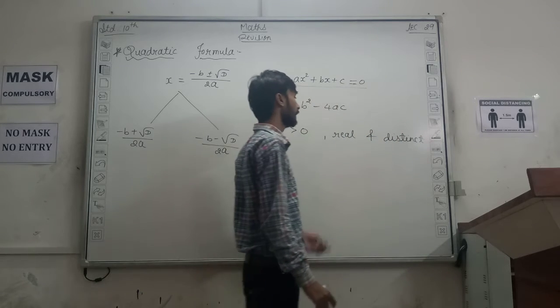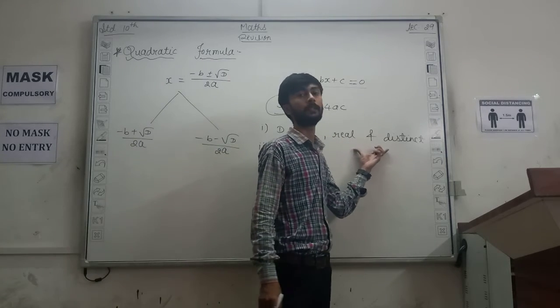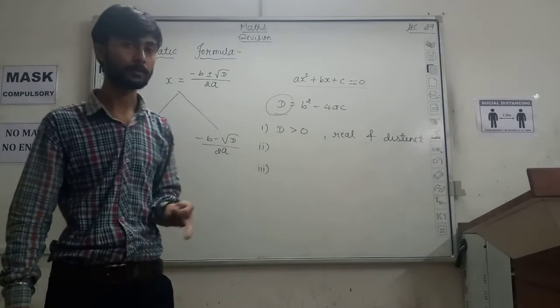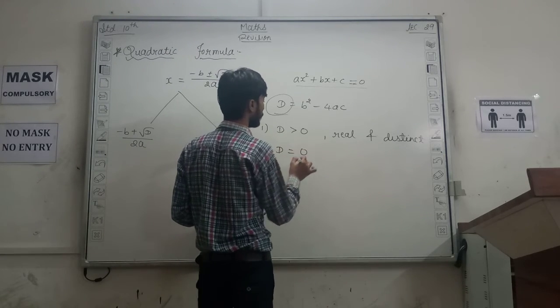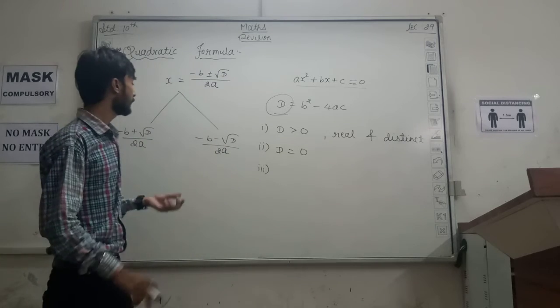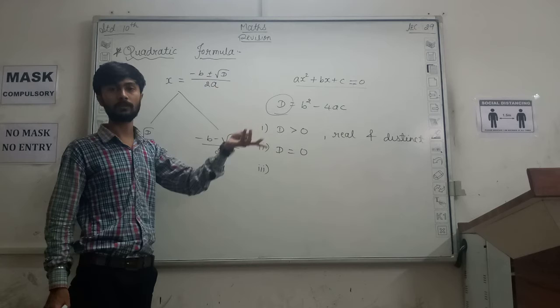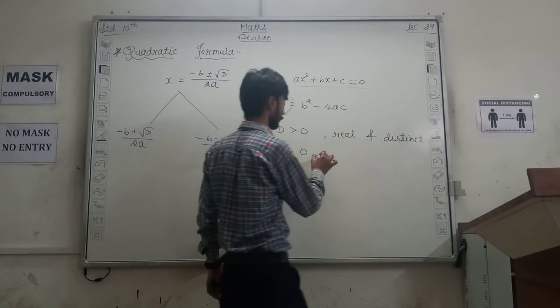Okay, so if d is greater than 0, then a quadratic equation has two real and distinct roots, right? Second case, if d equals 0, you can see here, then addition and subtraction with 0 will stay the same, so equal roots.